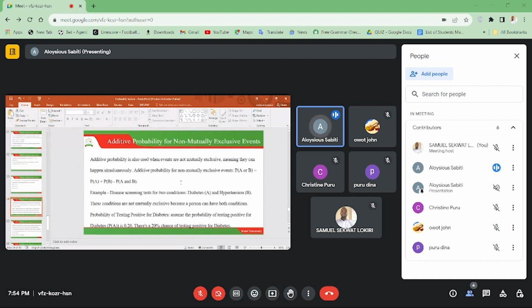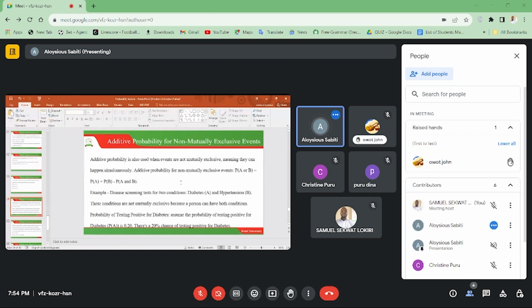Now, additive probability is also used when events are not mutually exclusive, meaning they can happen simultaneously. So additive probability for non-mutually exclusive events means that the probability of A or B will equal the probability of A plus B, minus the probability of A and B. Giving an example of a disease.